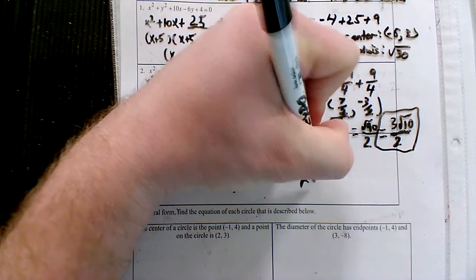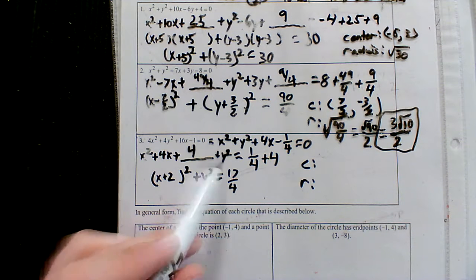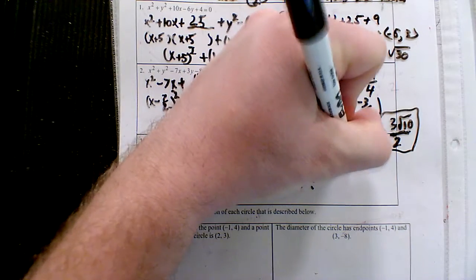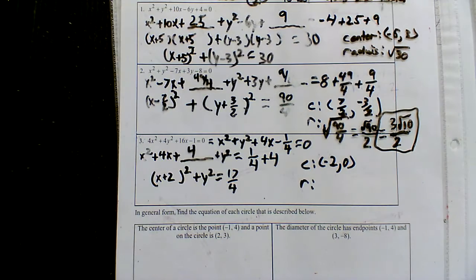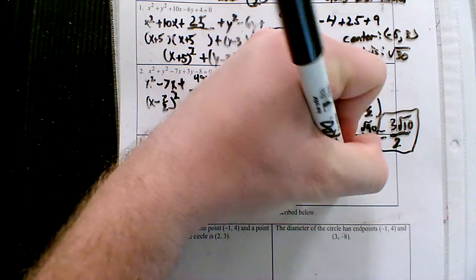So now we can tell what the center and the radius are. Like we talked at the beginning, there was nothing with the y values, so we know y is going to be 0. We take the opposite of the x, so we get -2, 0. Square root of 17 divided by 4.